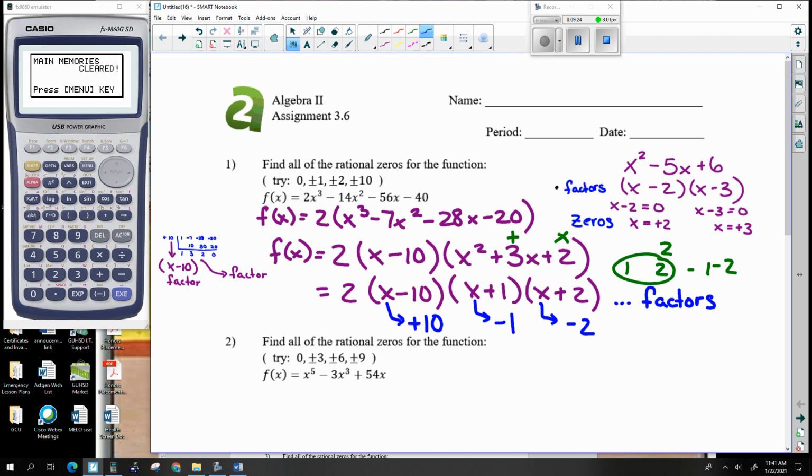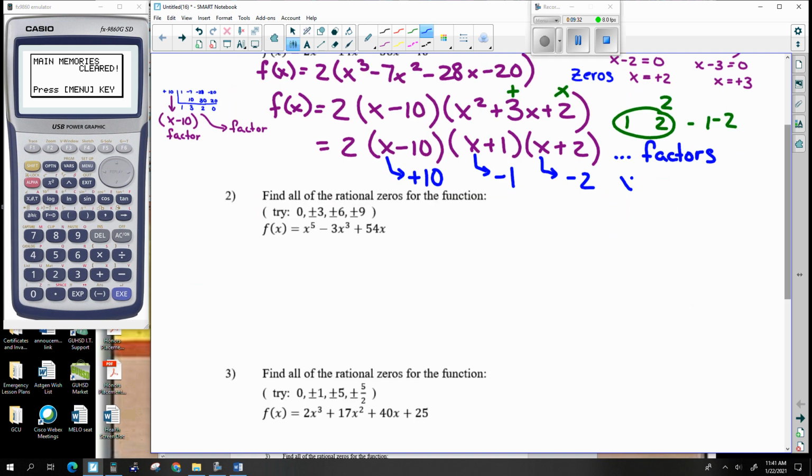So the zeros that I have are +10, -1, and -2. Those are the zeros. So the factors are the things that multiply, and the zeros are the resulting things that you get back out of it.